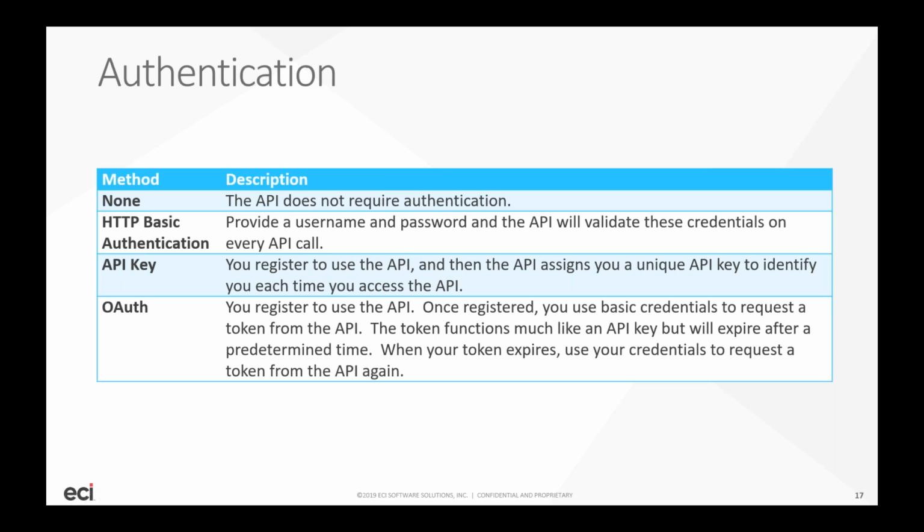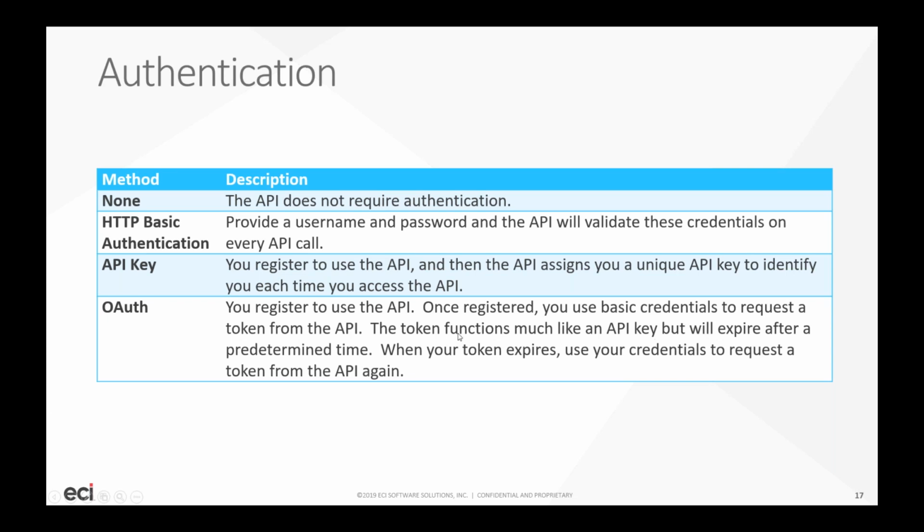And you'll see this is very similar to what we do for the Lasso example that we'll do here in a moment, where we get a token, and it works very similar to the API key. And then there's also this open authorization protocol, typically called OAuth. And in that case, you register to use the API. Then when you call the API the first time, you pass in your credentials.